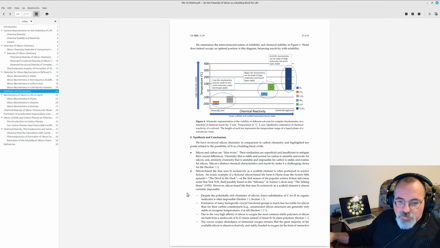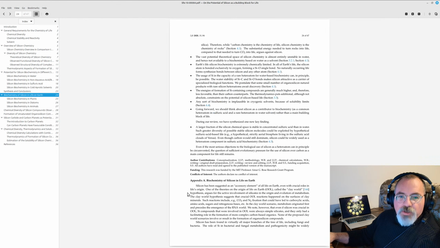The excess cosmic abundance of elemental oxygen ensures that the great majority of the available silicon is almost exclusively and stably bonded to oxygen in the form of unreacted silica. Therefore, while carbon chemistry is the chemistry of life, silicon chemistry is the chemistry of rocks. The substantial energy needed to turn rocks into life, compared to that needed to form CO2 into life, argues against silicon.